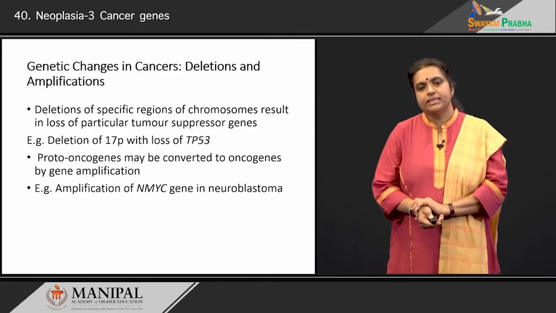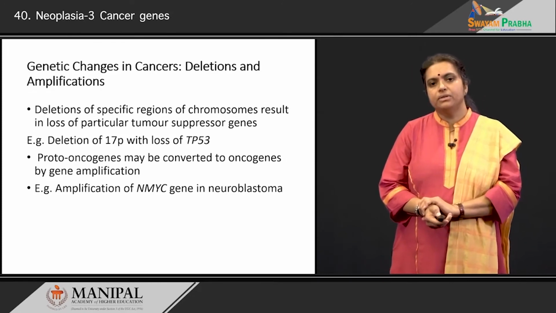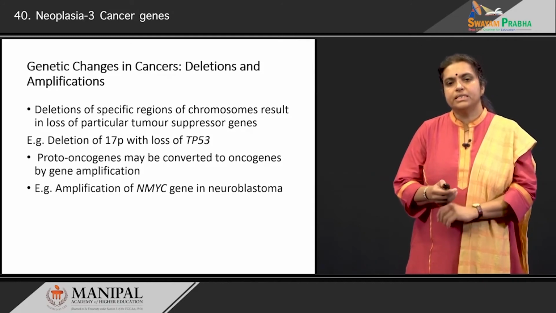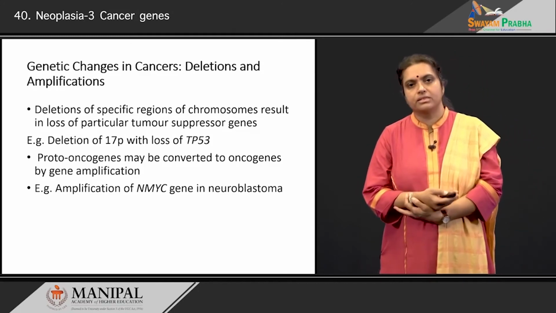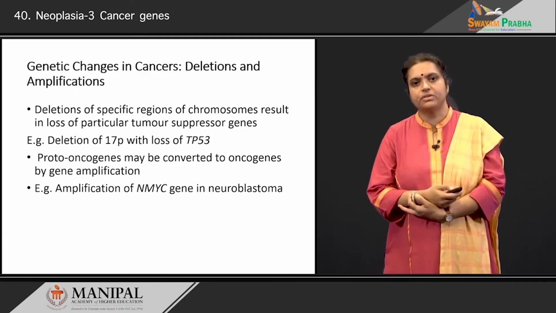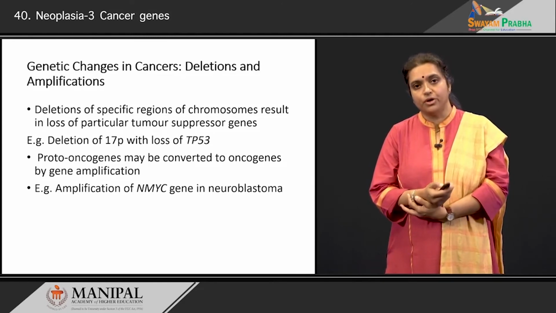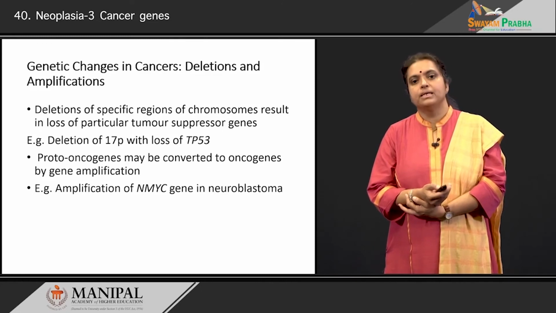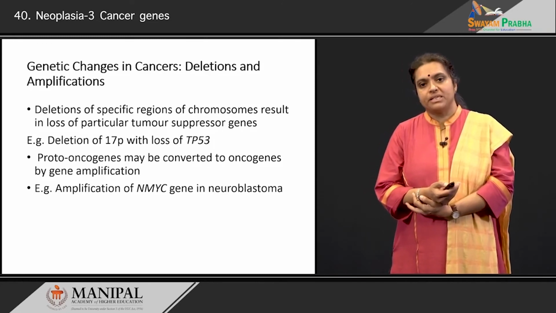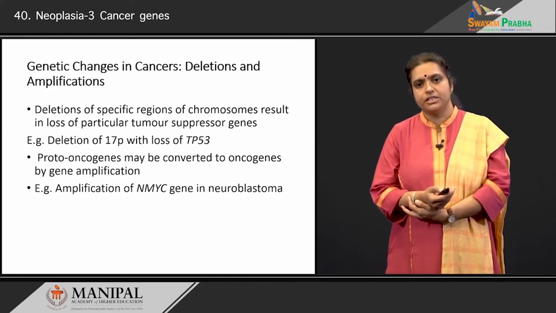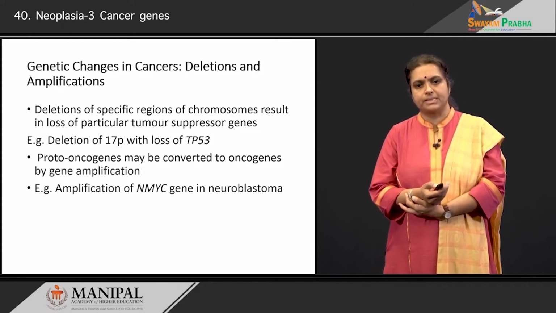Now, the other genetic changes in cancers include deletions and amplifications. Deletions usually occur in the context of tumor suppressor genes, because we now know that tumor suppressor genes have a whole lot of normal cellular functions, and deletions of these specific regions of chromosomes result in loss of particular TSGs or tumor suppressor genes.